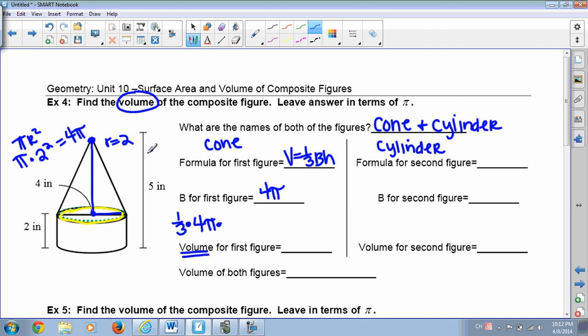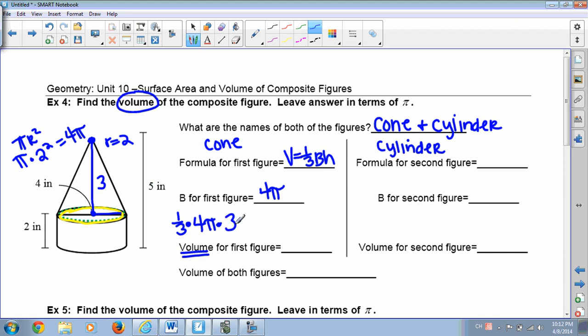But I do see this over here. The height of the entire composite figure, including the cone and the cylinder put together, is 5. And we also see over here that the height of the cylinder is 2. So that means that the height of our cone has to be 3, because 3 plus 2 would be 5.